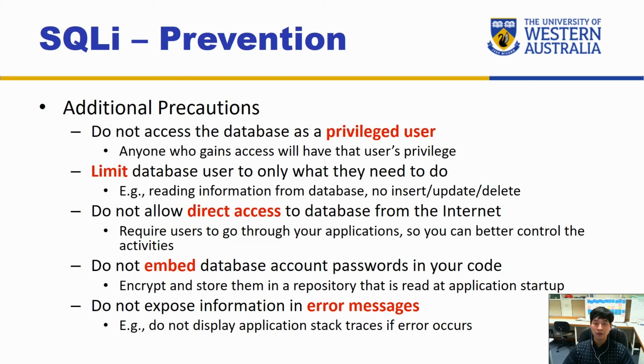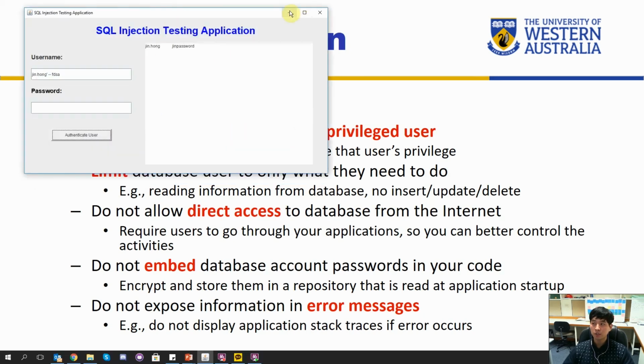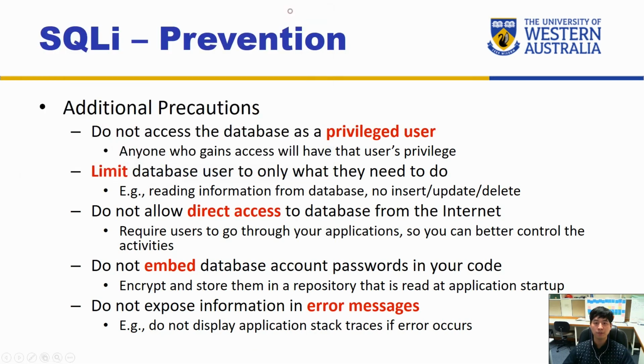Do not allow direct access to the database from the internet. Basically, our web example was that you can interact directly from the internet, so that's not a good thing. You could possibly require users to go through your applications, like the application that we had before, which does some pre-filtering.